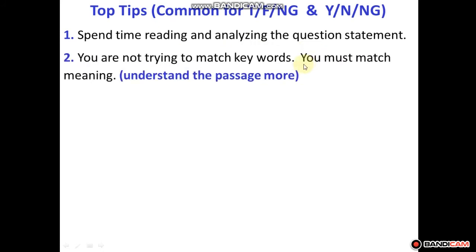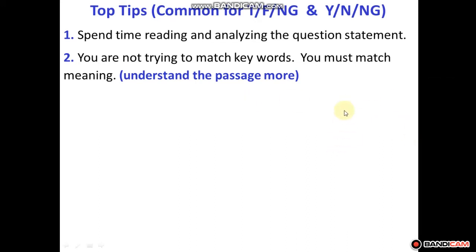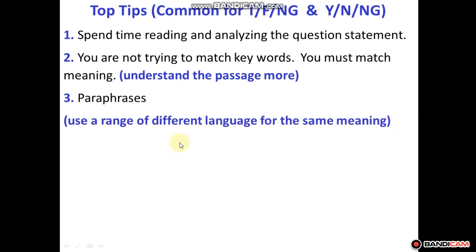And point two, you are not just trying to match the keywords. You must match the meaning, as I said before. That means understanding the passage more. Fine. Number three, paraphrasing. Pay attention to paraphrasing because only then you understand the meaning of the passage. Use a range of different language for the same meaning.